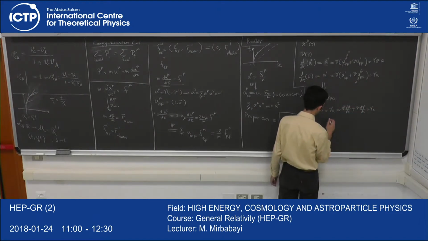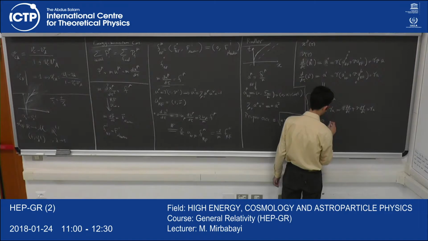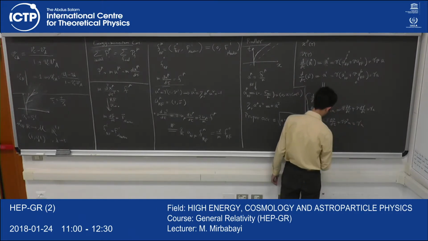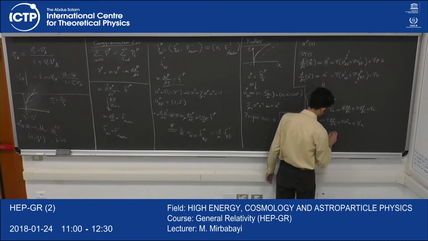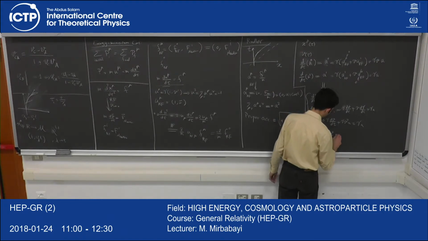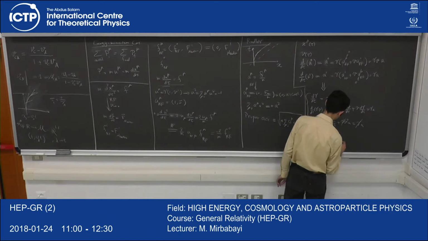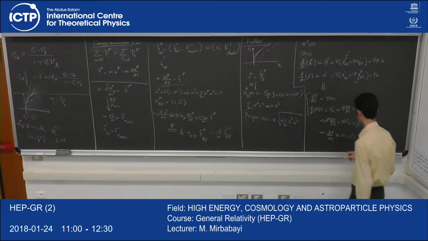And then if I combine it with the other equation, it gives me gamma dv/d tau plus gamma v squared a is equal to gamma a. Therefore, dv/d tau is equal to a times (1 minus v squared).